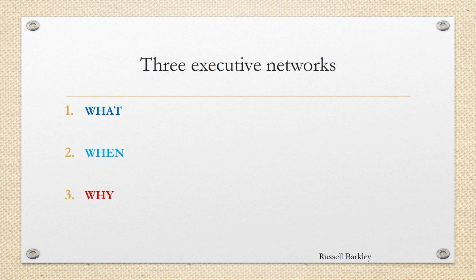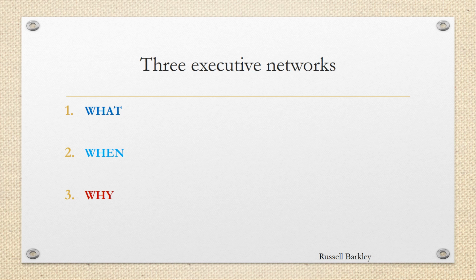Well, these areas do not exist statically and independently. They all interact. And so what we're looking at is networks of communication between the areas of the brain that are involved with executive function.